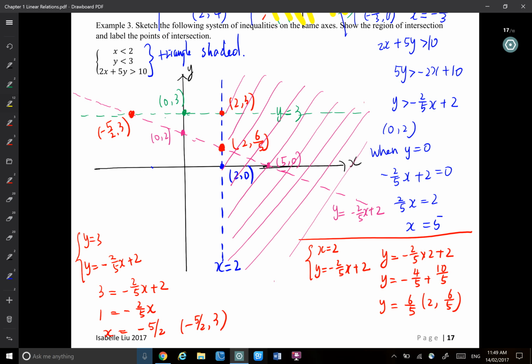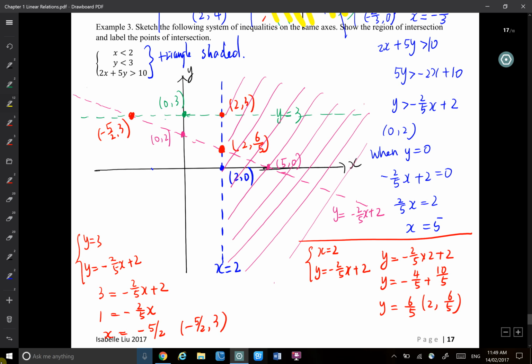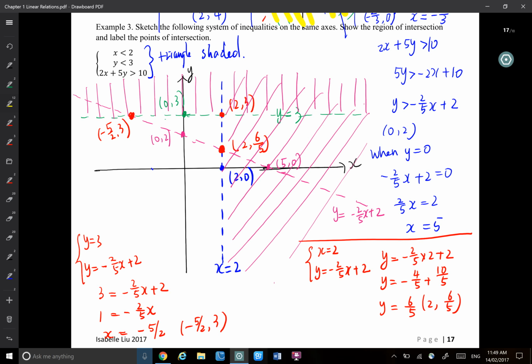For the next one, y smaller than 3. So I don't want y greater than 3. So above that horizontal line, that's what I don't want. Can you see that? All the things up, I don't want.